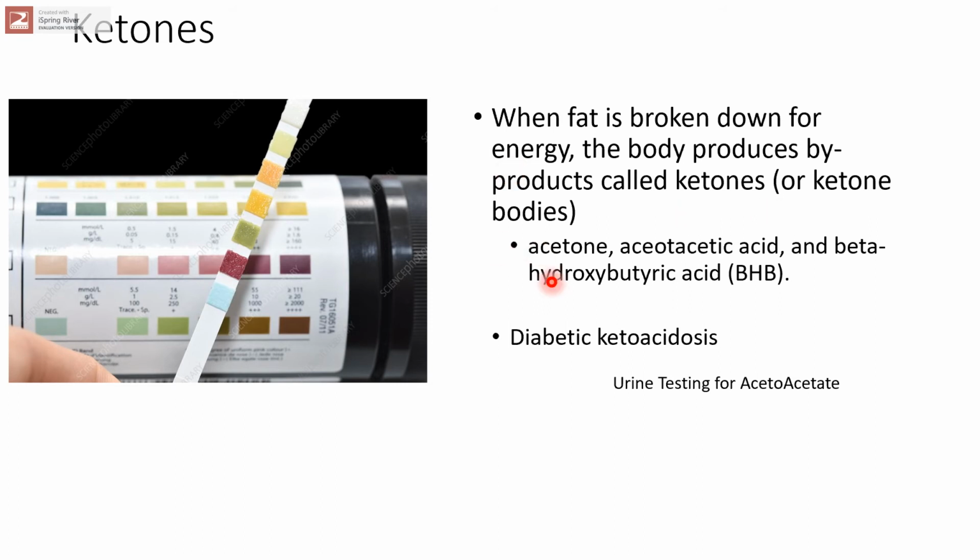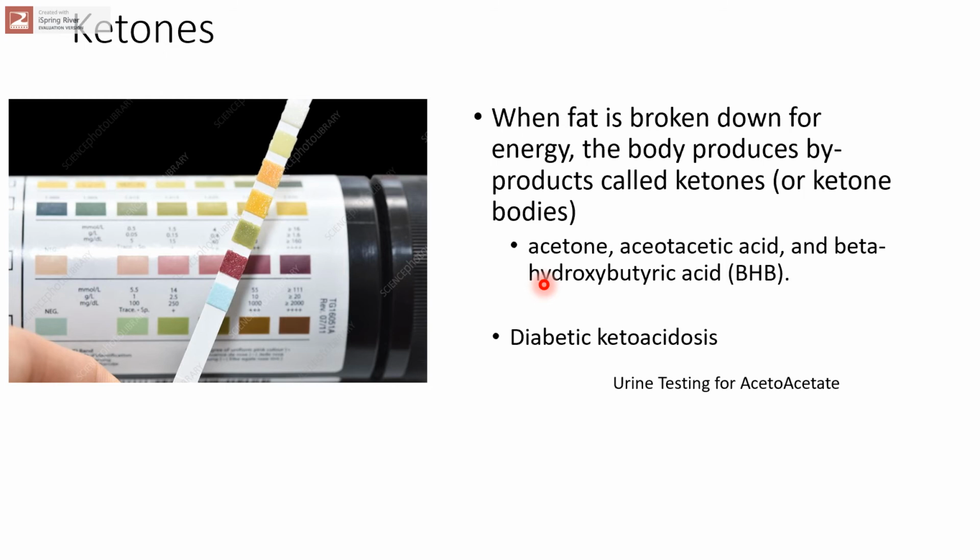The three major things that are excreted as a result of production of ketones are acetone, acetoacetic acid, and beta hydroxybutyric acid. So these three chemicals that you're seeing over here are byproducts of ketone breakdown.